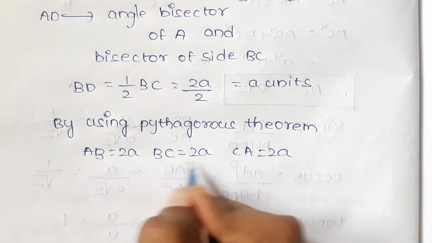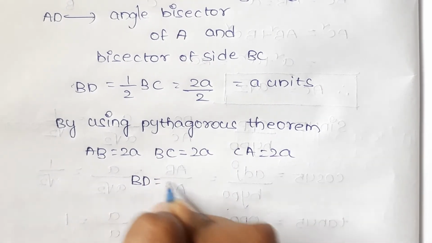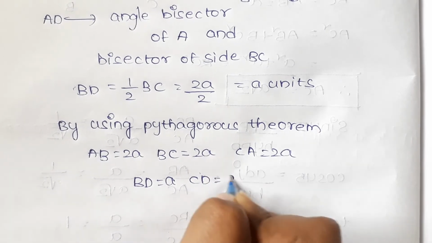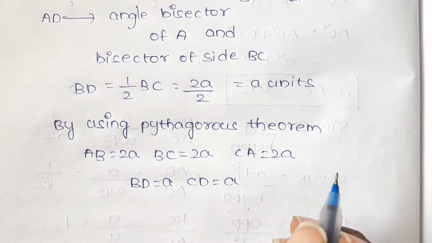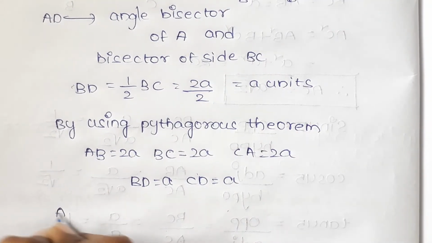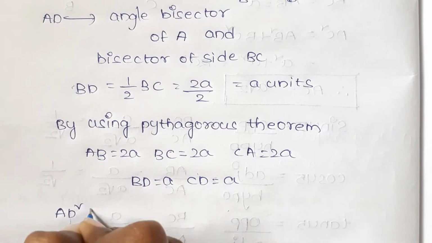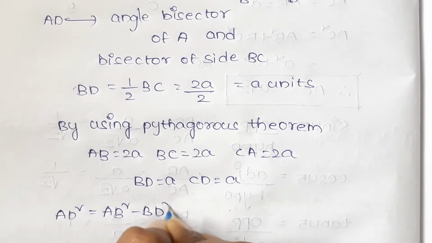And this BC is divided into two parts, BD equals A and CD equals A again. Now by Pythagoras theorem, in this first triangle, AD square equals AB square minus BD square.